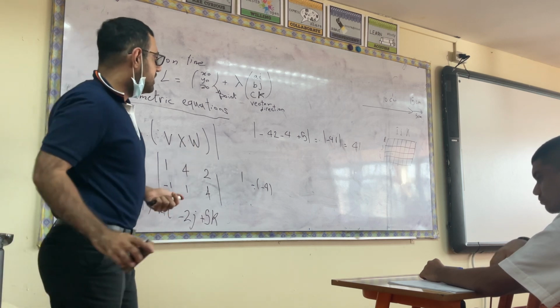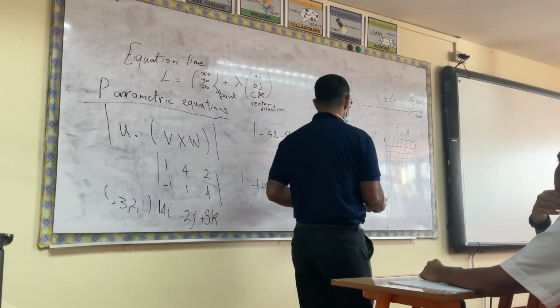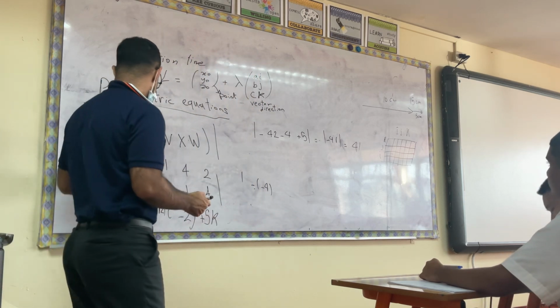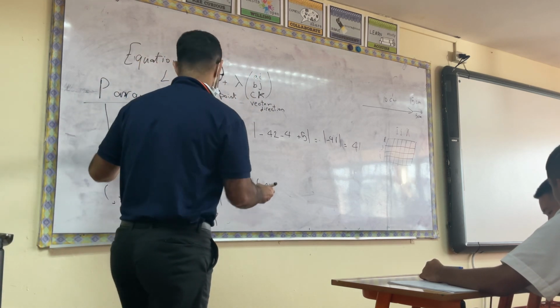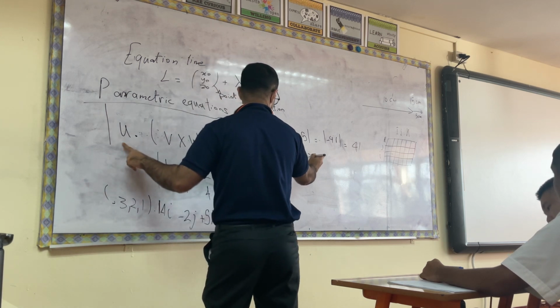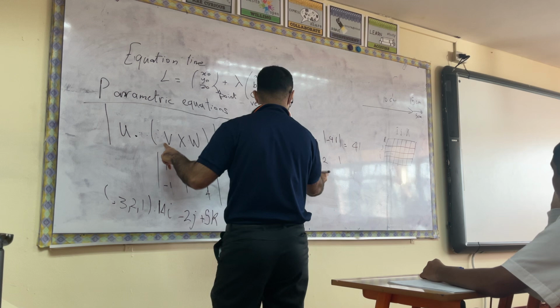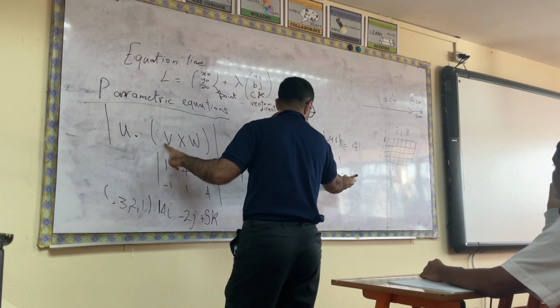So here, can you find it? U and V. What's the area of U and V? V is 1, 4, 2.